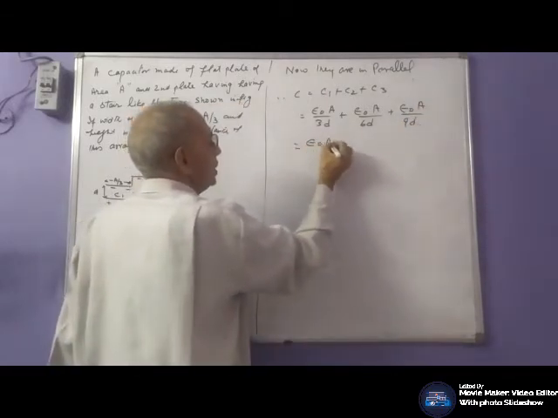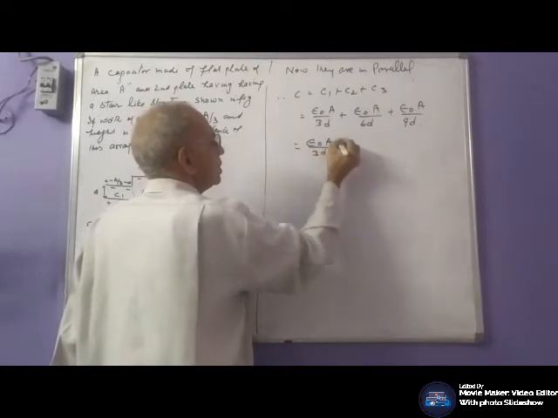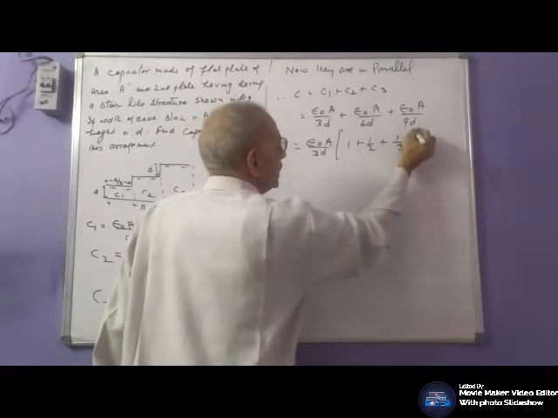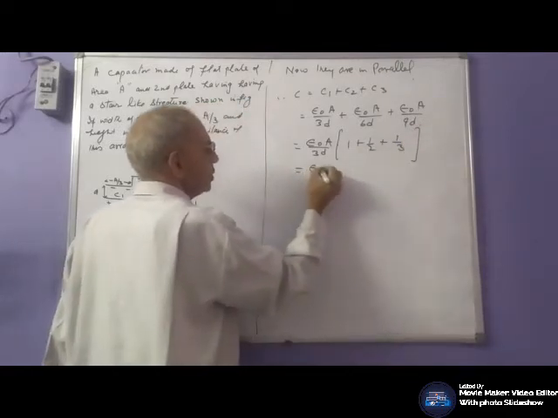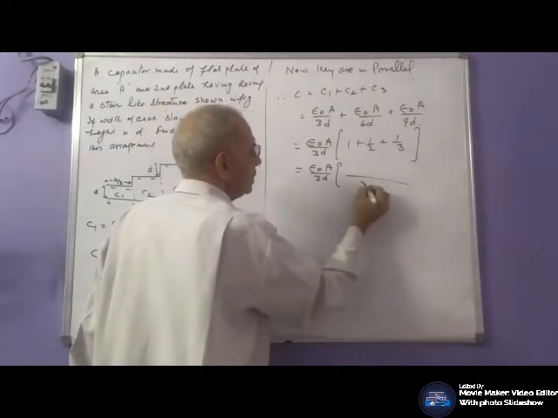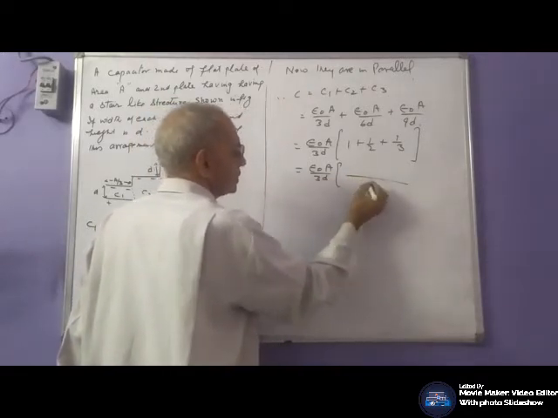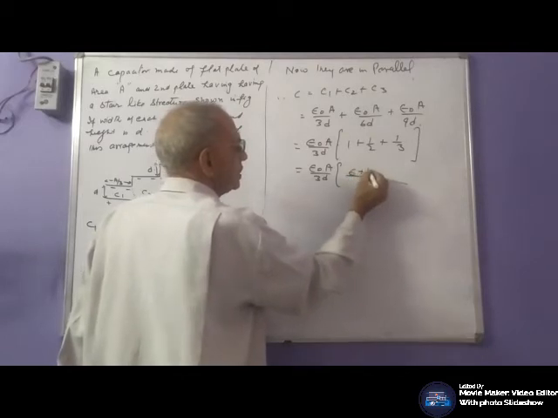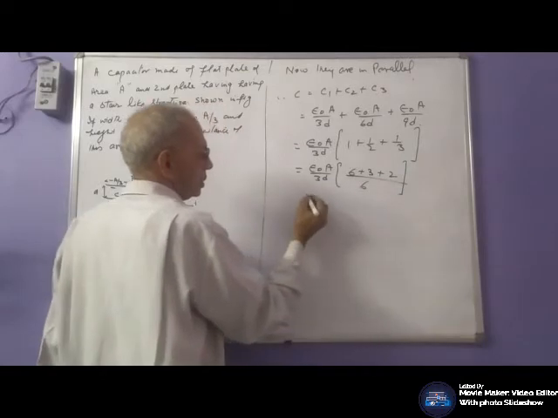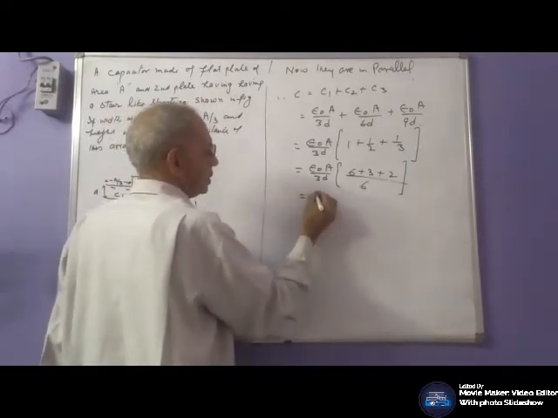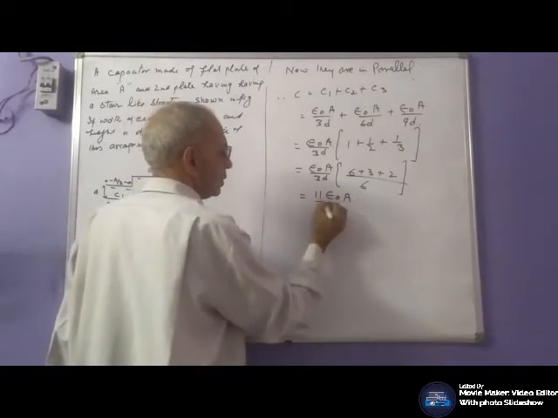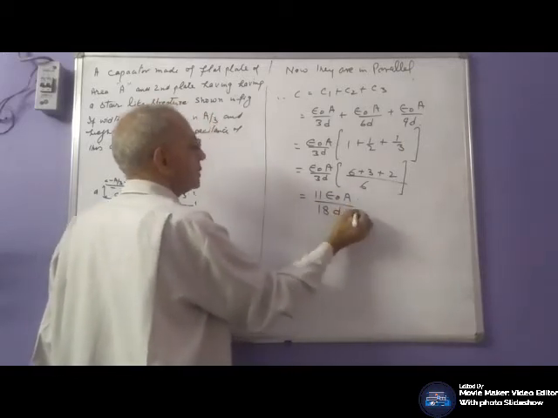Epsilon naught common, A common, 3D common. It is 1, 1 by 2, 1 by 3. LCM 6. So it is 6, it is 3, it is 2. So it is 11 epsilon naught A by 18D.